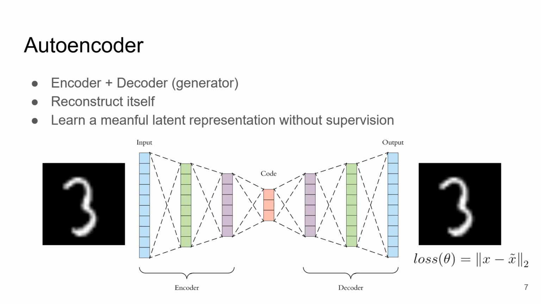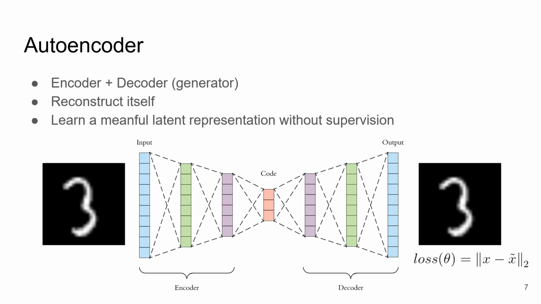First, I will introduce the reconstruction-based method. An autoencoder is one of the most well-known deep generative models. It contains two parts, an encoder and a decoder, or generator. An encoder maps the input image to latent space, and the decoder maps the latent space feature back to input image space.